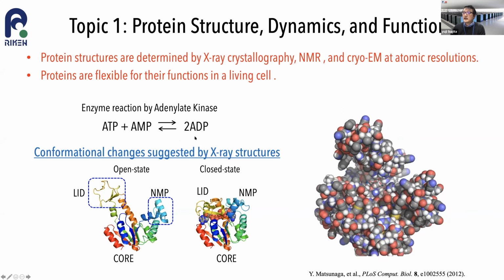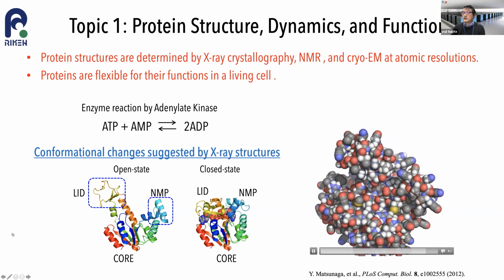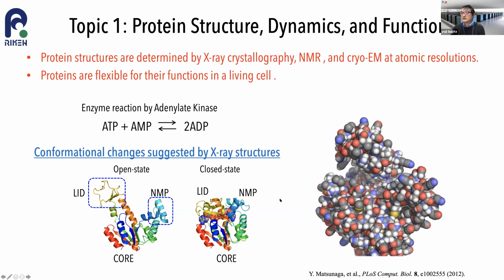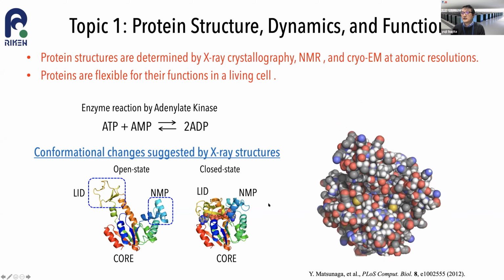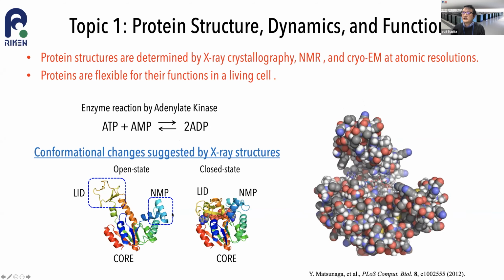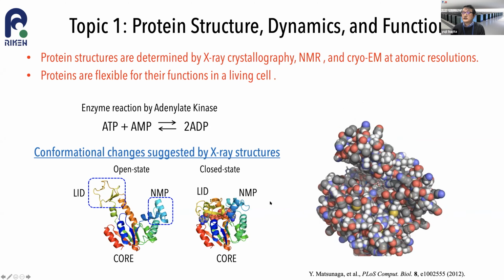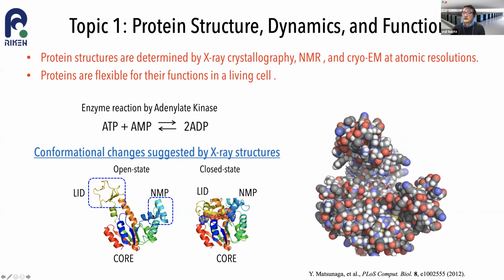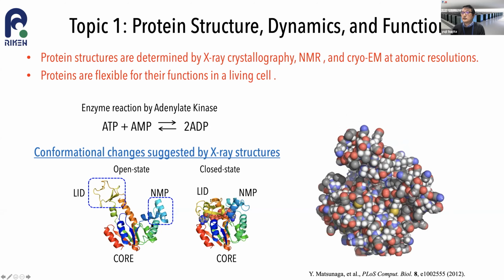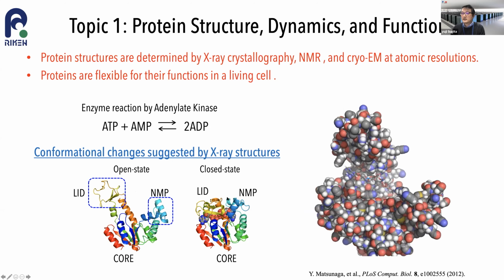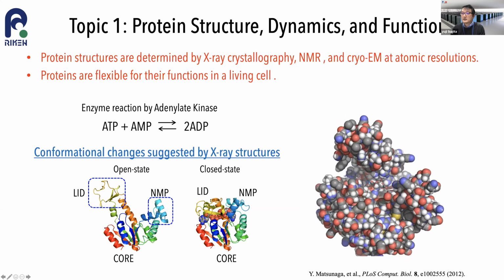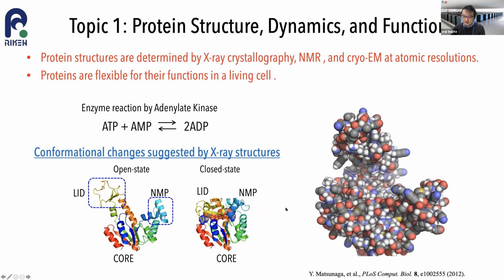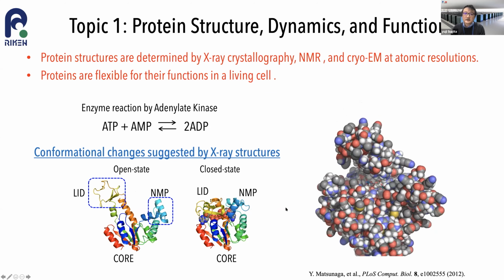From crystal structures, we know two distinct forms: one is the open state, and the other is the closed state, and the closed state contains the ligand. This means that this protein should move from the open state to the closed state. But without performing MD simulation, we cannot see intermediate structures. So that is one of the clear motivations for us.